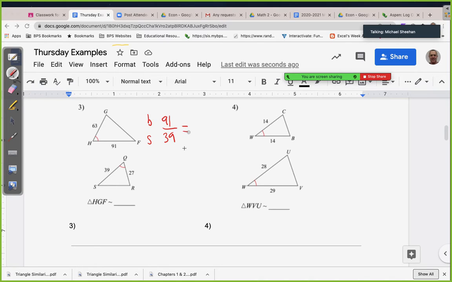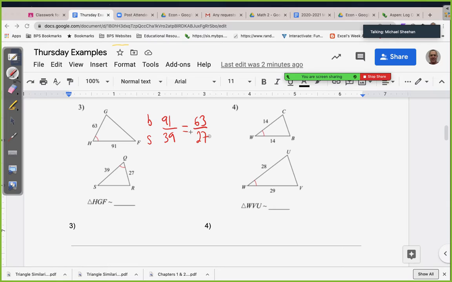And I'm going to see if this equals the same ratio of the small sides. In the big triangle, the smallest number is 63, and in the little triangle, the smallest number is 27. Now I'm going to need a calculator.